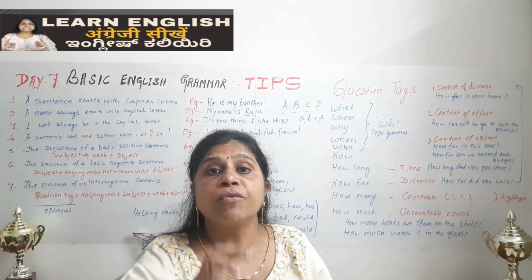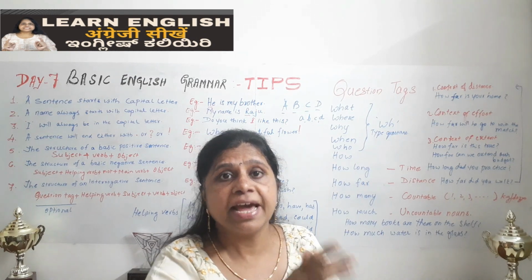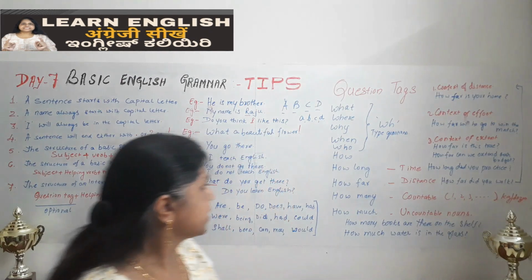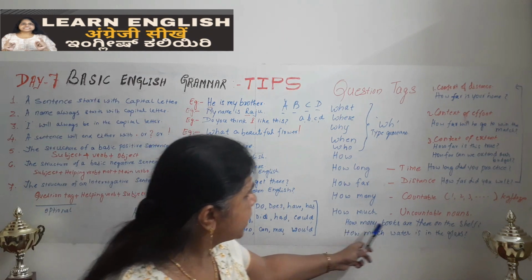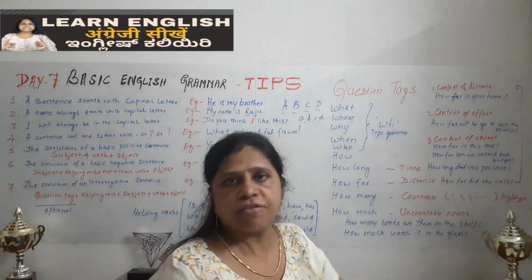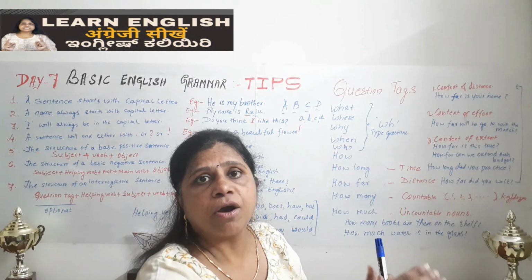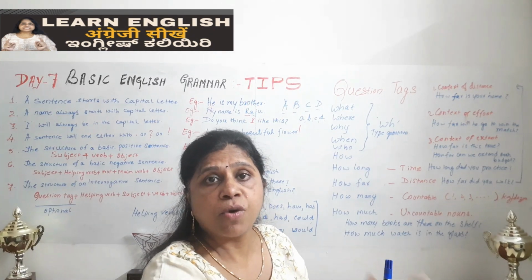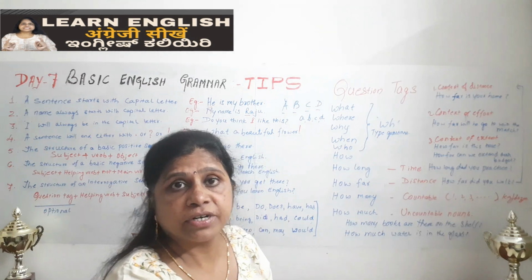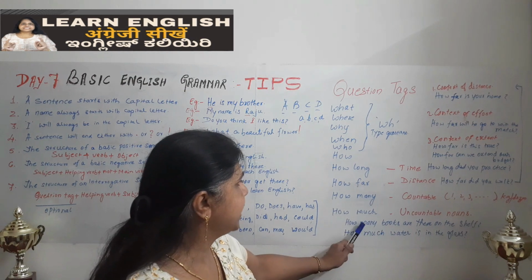That means we cannot count them at that point of time. For example, how many books are there on the shelf? We can count the books: 1, 2, 3, 4. For that we use how many.